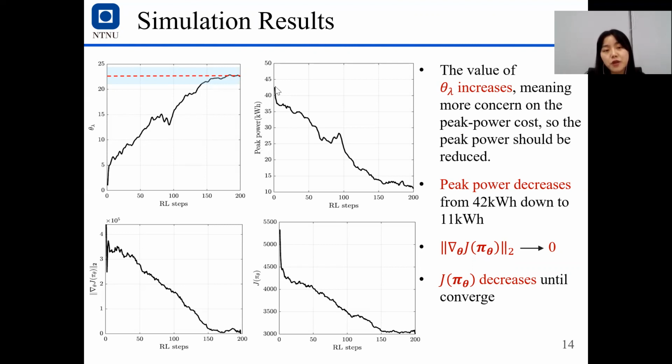And you see that the peak power really decreases from 42 to 11. And this figure shows the gradient of the performance function with respect to parameters, and it is finally converging. And our monthly cost is decreasing with learning.